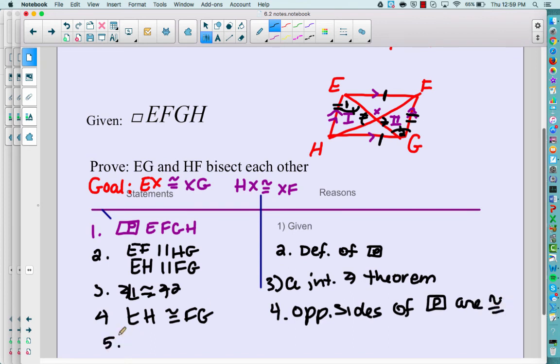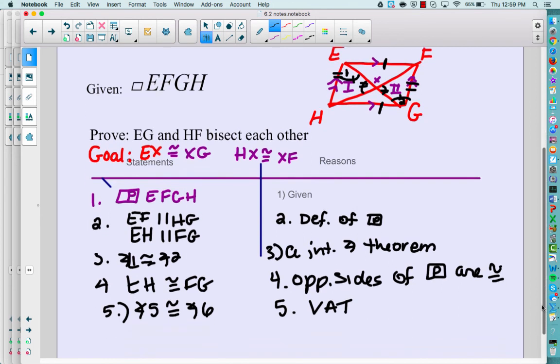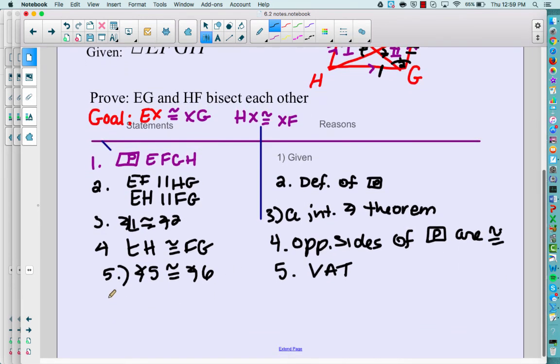And then I can say that the vertical angles, and I'm going to call those 5 and 6, so I'm going to label 5 and 6. Angle 5 is congruent to angle 6 because of the vertical angle theorem. So therefore, the triangles are congruent, okay?